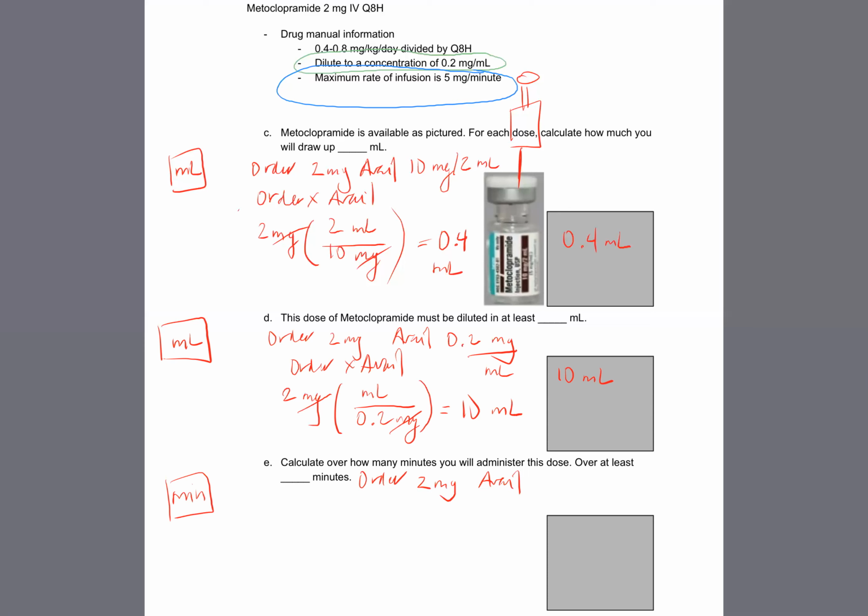The availability is 5 milligrams per minute. You're going to do order times availability, 2 milligrams. You want 5 milligrams in the denominator, so milligram units cancel. Minutes in the numerator, and you get 0.4 minutes.